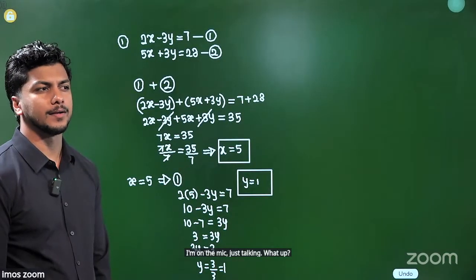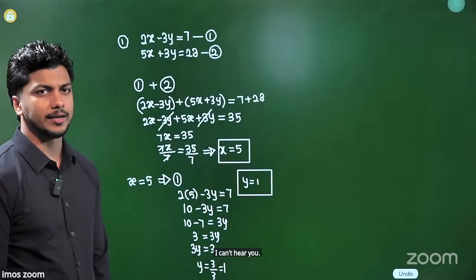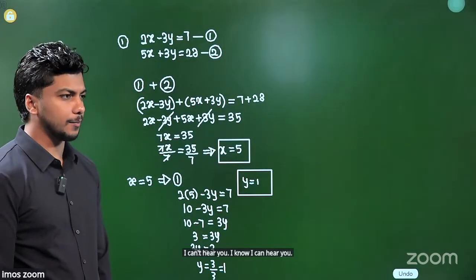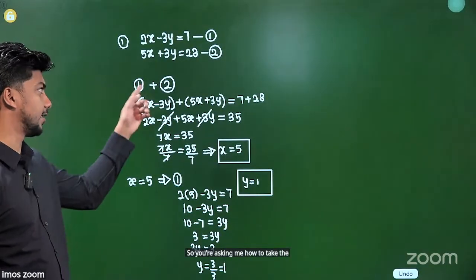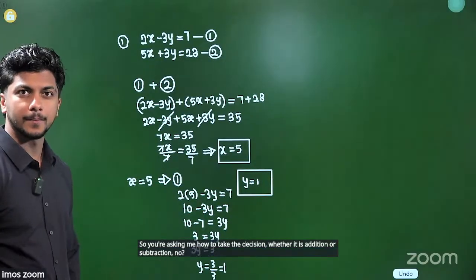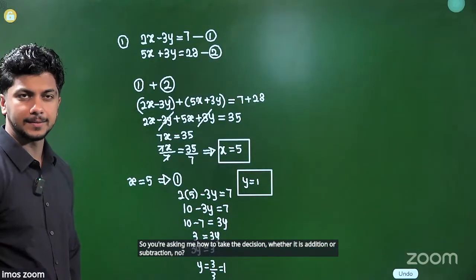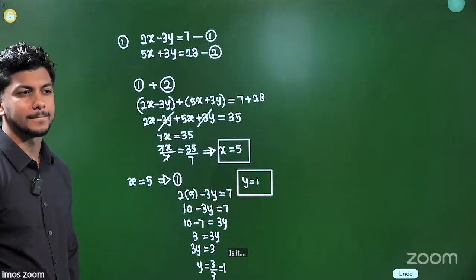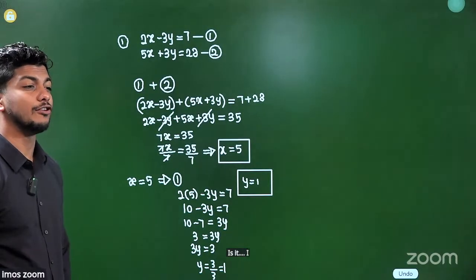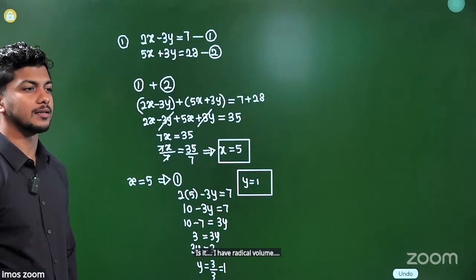Oh, I can't hear you. Yes, now I can hear you. So you are asking me how to take the decision, whether it is addition or subtraction, no? Yes, that's the question.